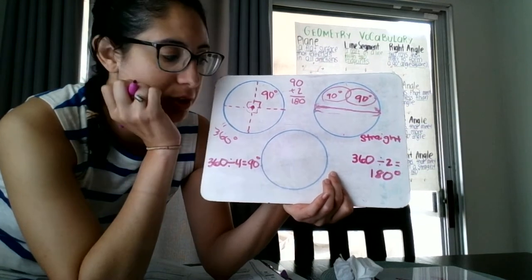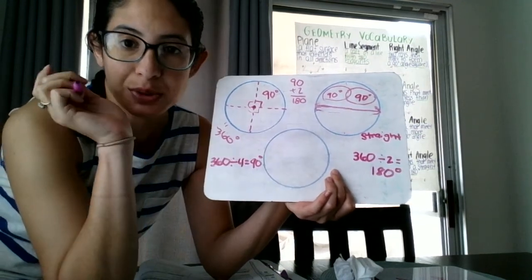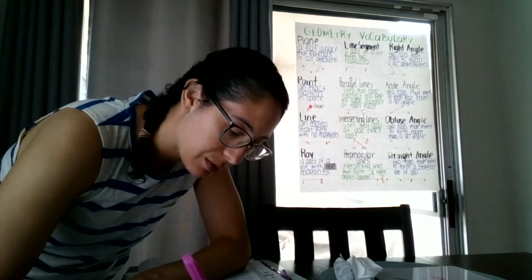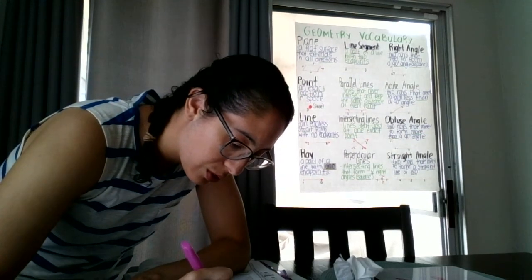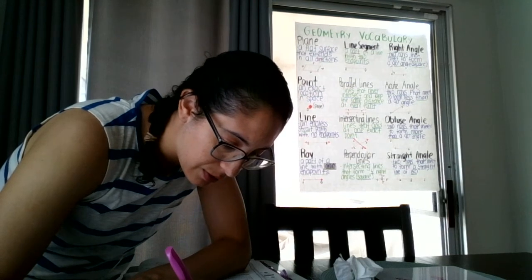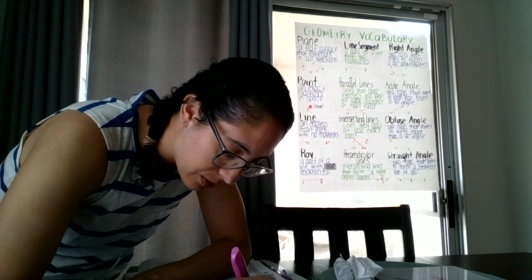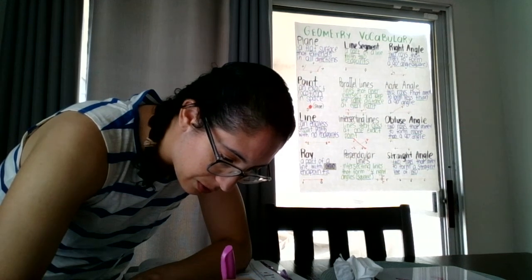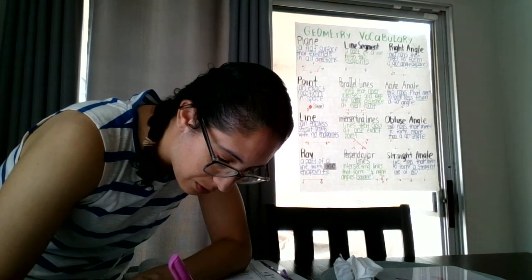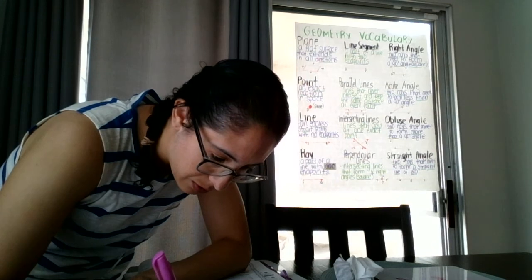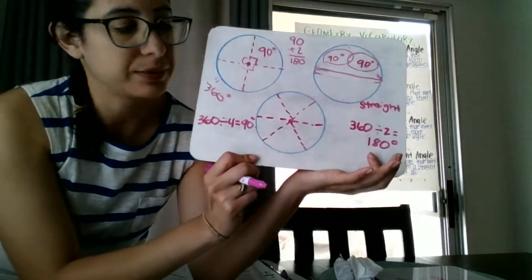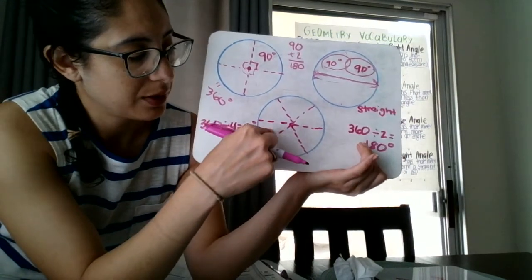So let's say I wanted to break my circle up into 6 equal parts. So I'm going to do this. Here's my middle part. Okay, it's not exactly equal, but here you go.